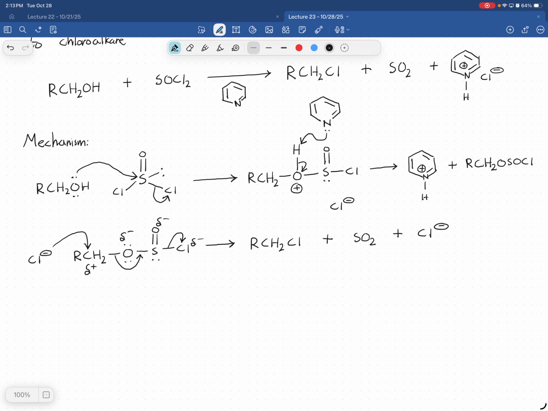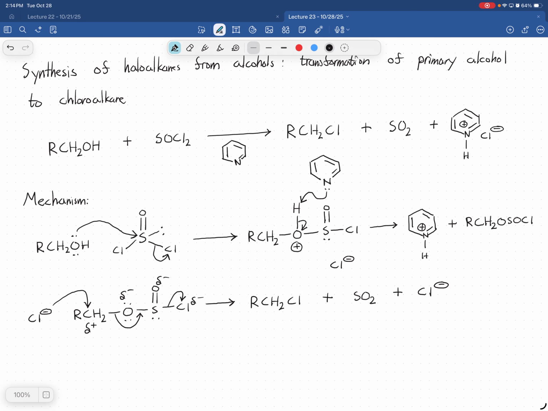And we can actually do this with chloride now, where in the past, if we used HCl, I couldn't tell you that it would work 100% because it's way too slow. So this is one of those reactions we want to remember.